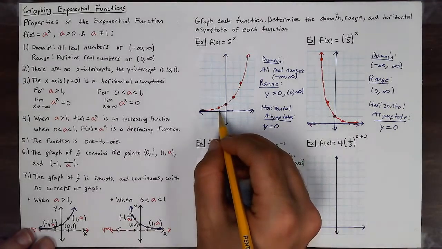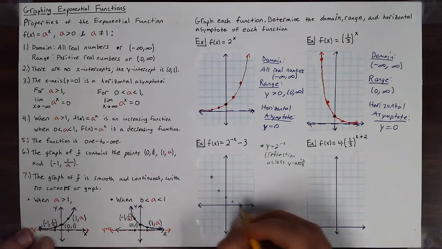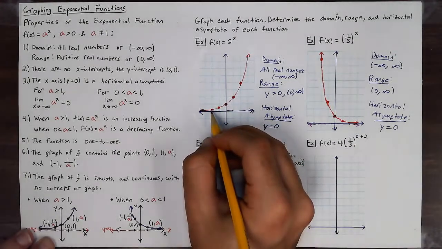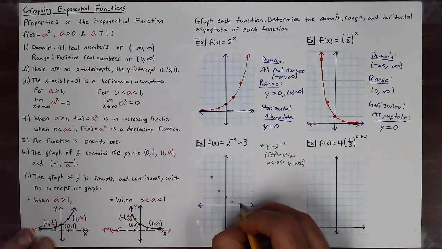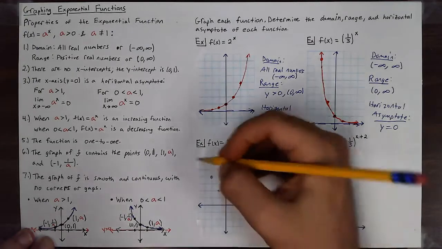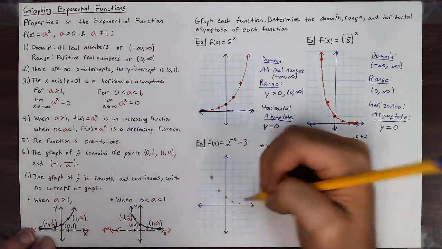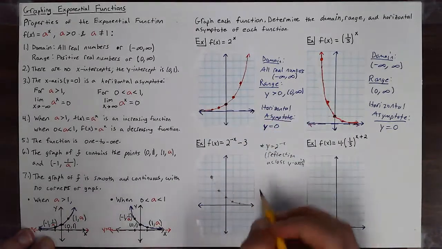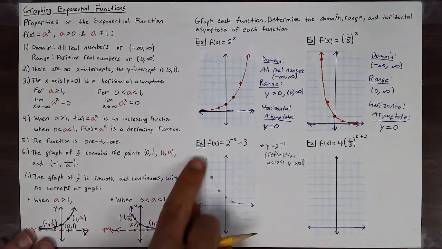Then the point at -1, 1/2 will now be at 1, 1/2. And the point at -2, 1/4 will now be at 2, 1/4. So very lightly, because I'm not done yet, here's what my function looks like so far.